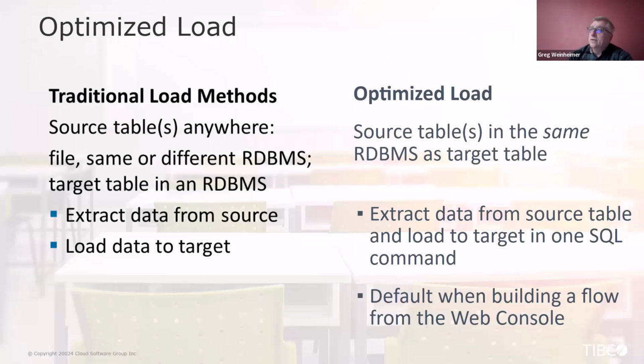That way, there's no network traffic. That request is sent directly to the database, which has all the information and all the data it needs right there. So using optimize on, especially when the data is in the same database, is significantly faster than having to pull the data from the database to Data Migrator and then bulk load it back down to wherever that database is.